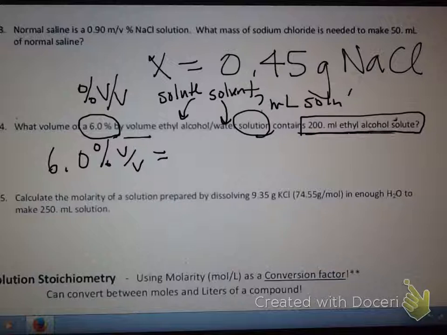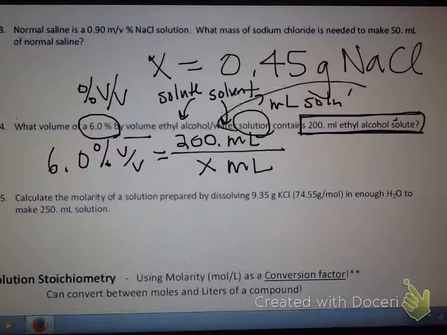If we know we have 200 milliliters of the solute, the volume percent is always the milliliters of our solute over the milliliters of our solution. We're not given the milliliters of solution because we're asked to find what volume of a solution contains 200 milliliters of ethyl alcohol.